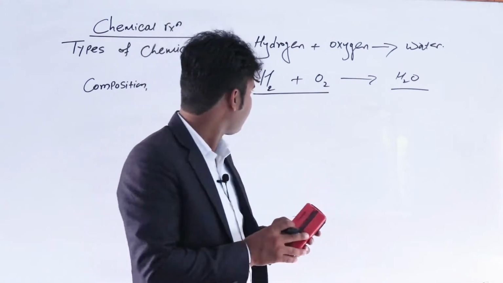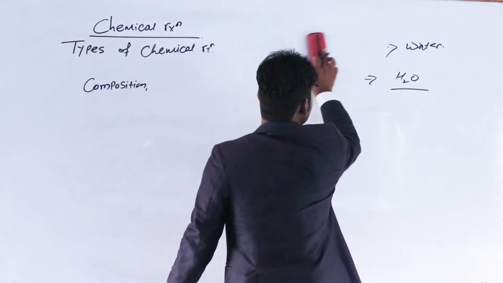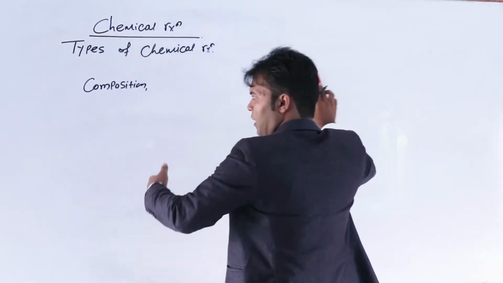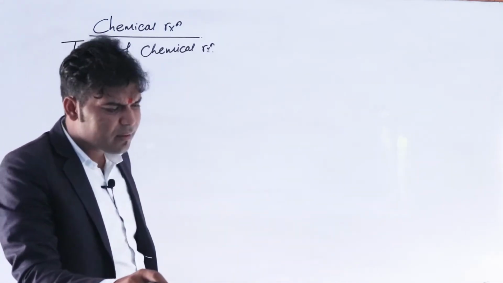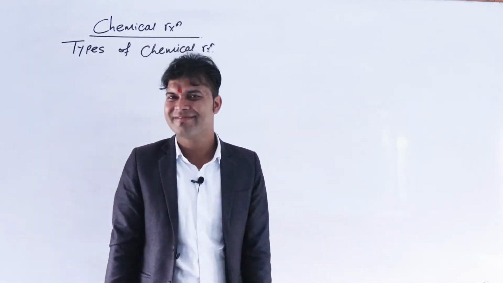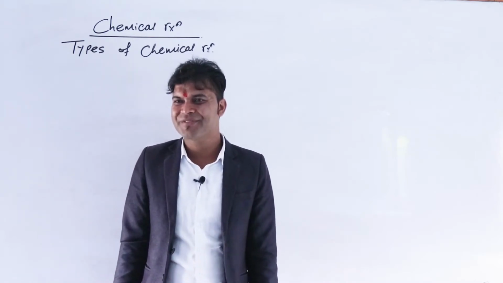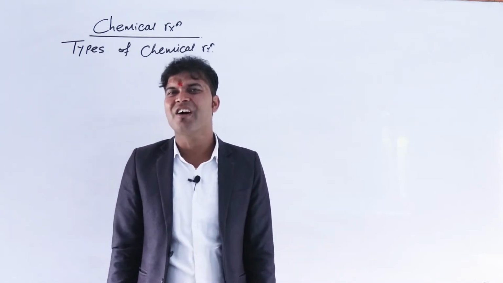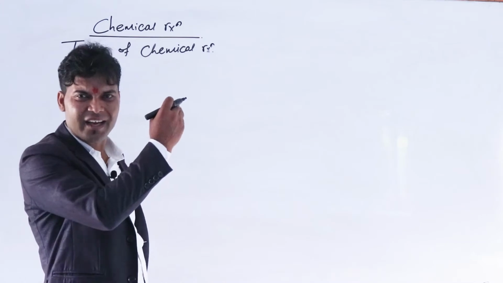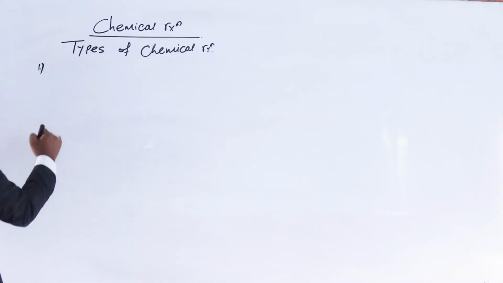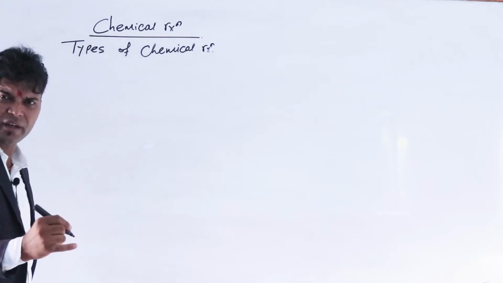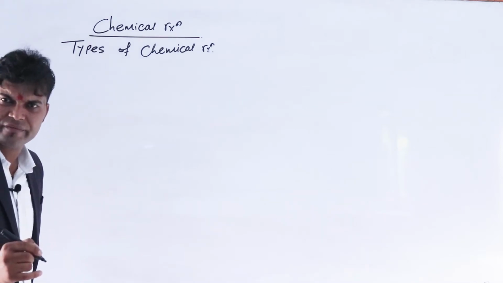Okay, students. Now we turn to the types of chemical reaction. Many types of chemical reactions are found in our environment. The first one is the combination reaction. Look here, just for example, I think it is not difficult for you to write it in chemical form.